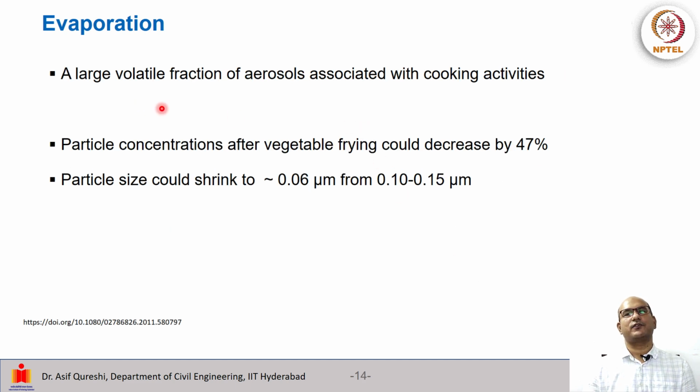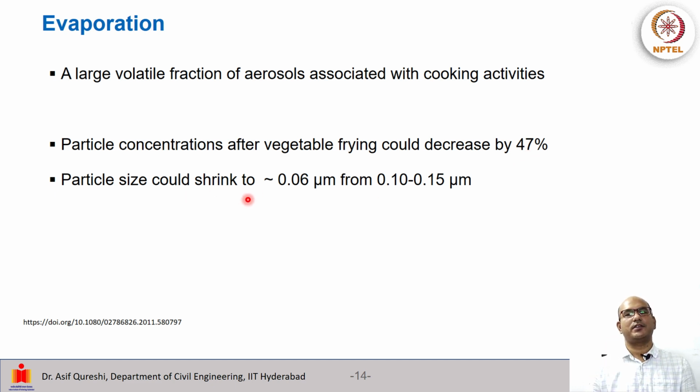A large fraction of volatile aerosols are generally associated with cooking activities, and it has been found that after cooking, for example vegetable frying, the particle concentrations can reduce by 47% because the aerosols will vaporize. So in terms of mass, the particle size is going to shrink.